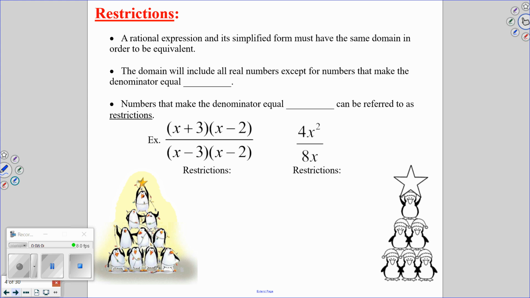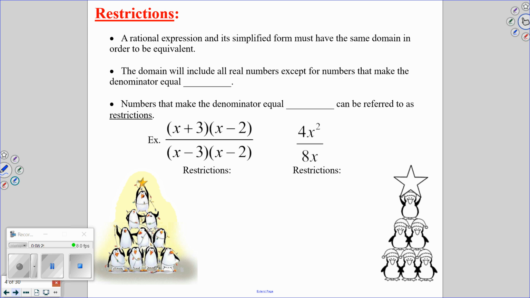So a rational expression in its simplified form. You have an original problem, you're going to simplify, so it'll look a little different. They must have the same domain in order to actually be equivalent. Do you know what letter domain stands for? You have domain and range. Domain stands for x. Range stands for your y values. So your x's, in other words, need to be the same.